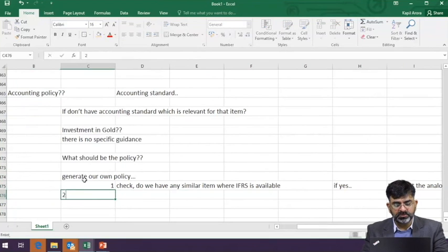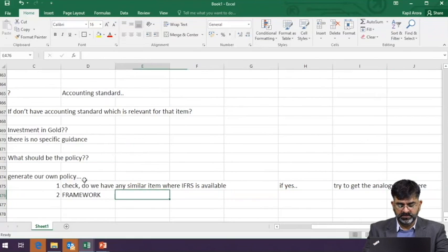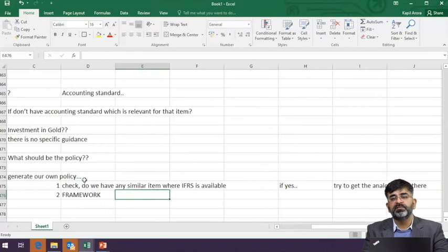If a similar IFRS is not available, then what? Then IFRS says check the framework. What is the framework? Framework is the guidance which talks about what is an asset, what is a liability, what is income, what is expense, and how you should value, historical cost, fair value and everything.